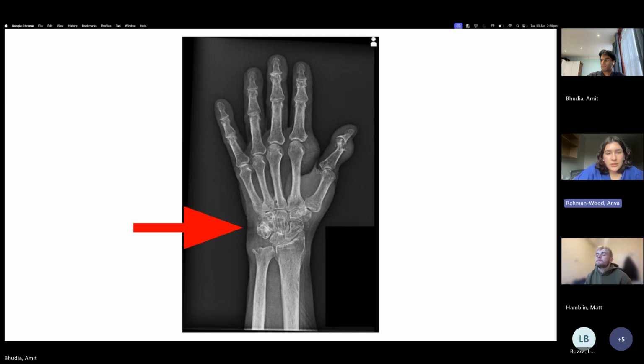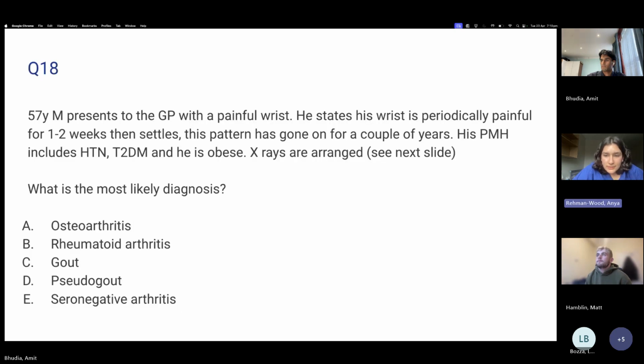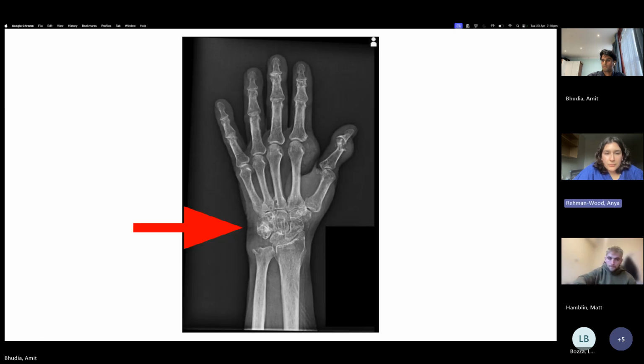And go back to the question. So what's the most likely diagnosis? And go back to the X-ray if you need to.